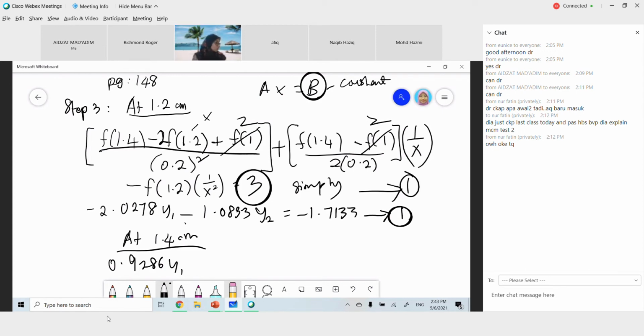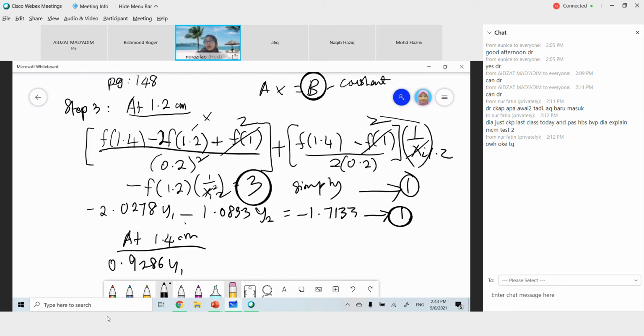So tu dia masukkan untuk value y1. And then dalam soalan ini juga dia menggunakan x sebagai xi. So if your xi condition is 1.2, so you masuk kat sini 1.2 because you nak simplify.